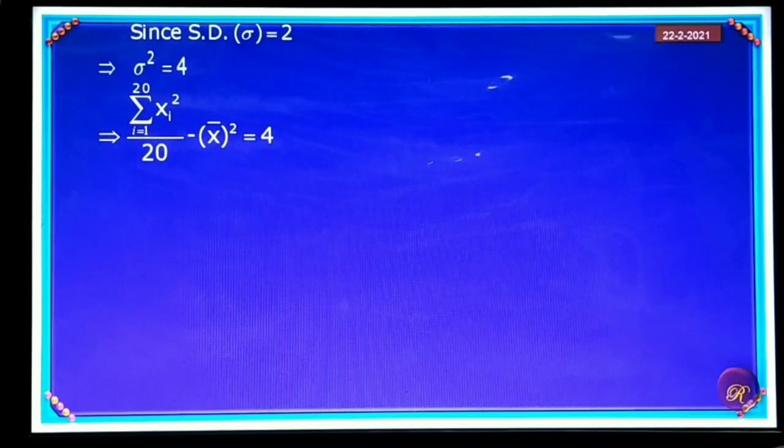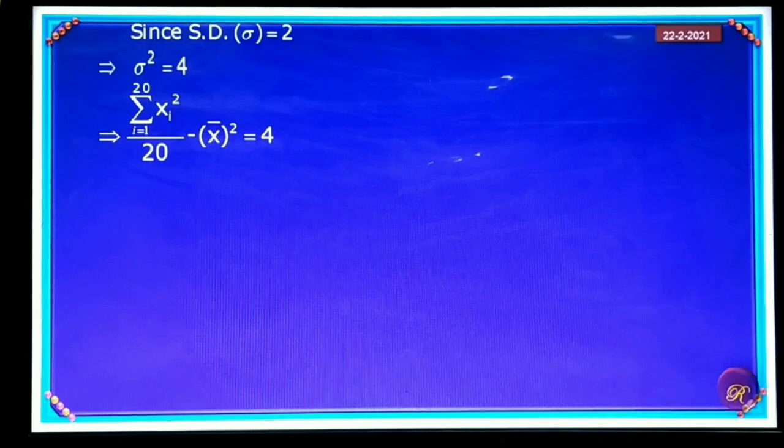Since standard deviation sigma is equal to 2, therefore sigma square is equal to 4. This implies sum of squares of 20 observations divided by 20 minus x bar square is equal to 4.